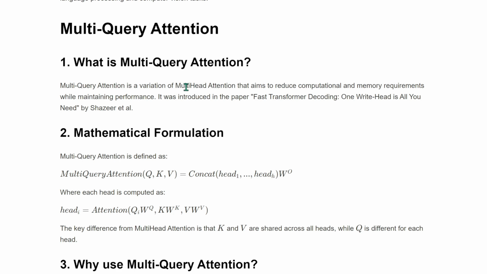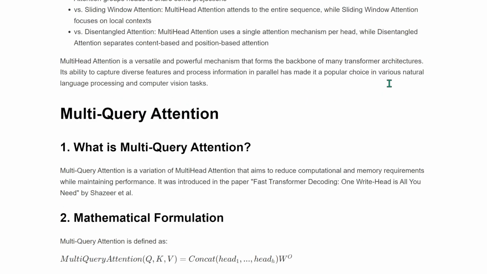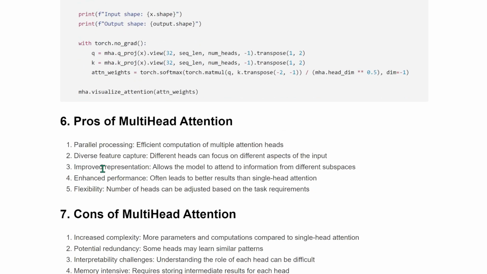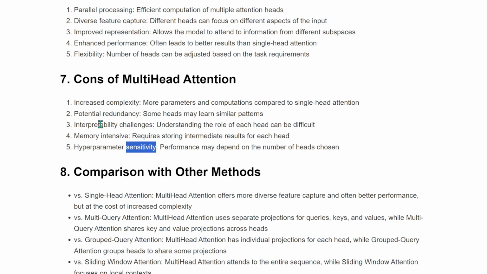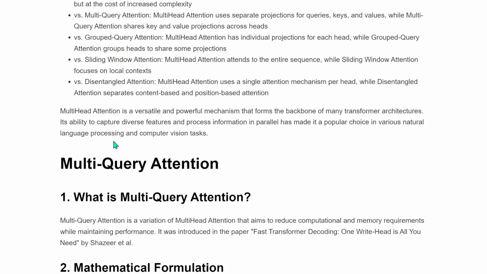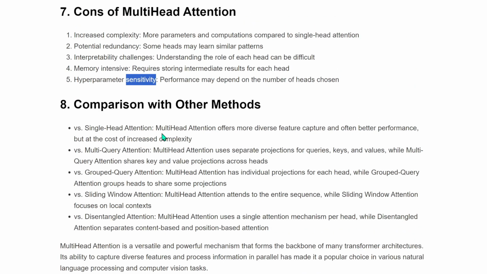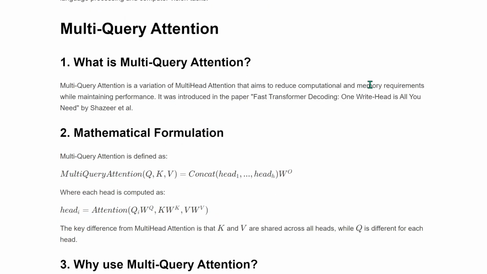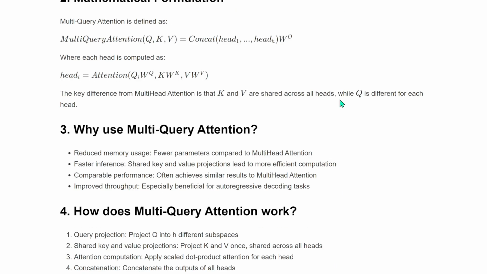So multi-query attention, if you see, it's a variant of multi-head attention to reduce the computational and memory requirements. Because if we see here, the performance was good, but the memory intensity is an aspect which has been a problematic one. So what they did was they said, okay, I'm going to have different queries.